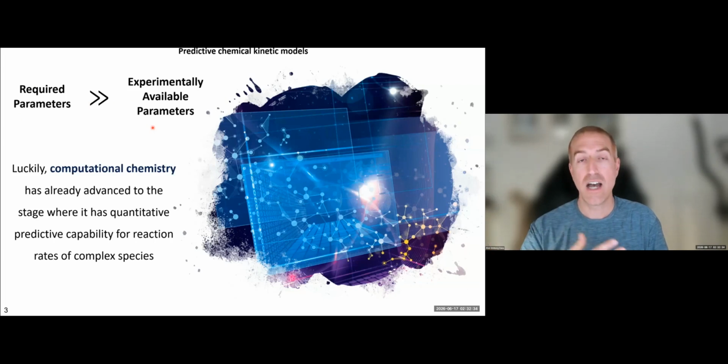These could be hundreds of thousands of rate coefficients just for one model. Of course, we can't go to the lab and measure all of them. And here comes computational chemistry. We can use automated methods. We can run on a server cluster, DFT and higher levels of theory, and get rate coefficients automatically. So that's where computational chemistry comes into play.